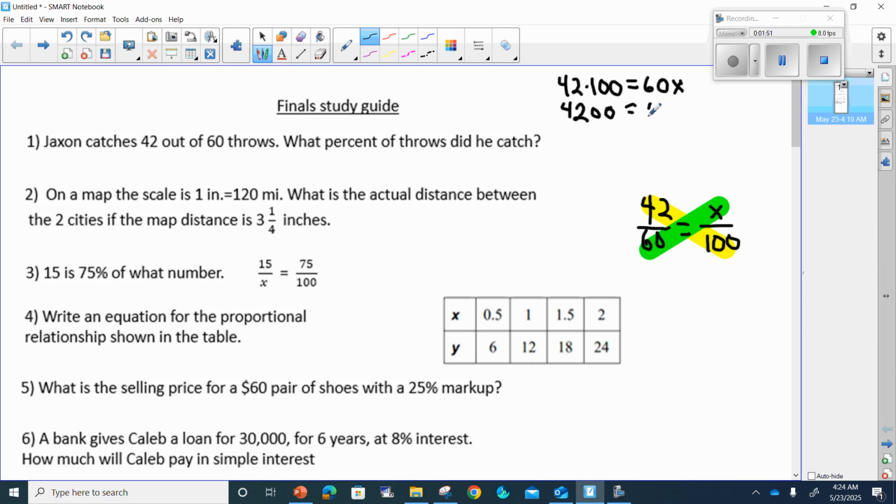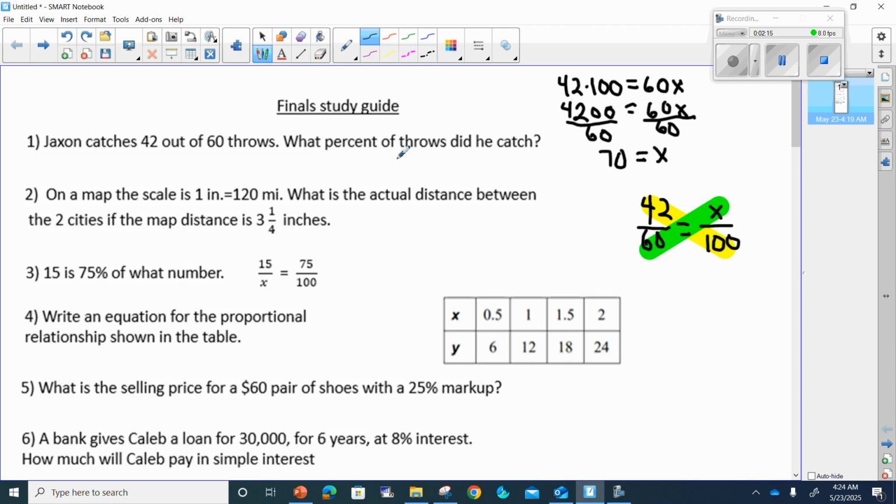4,200 equals 60x. And then we divide by 60 to separate 60 from x. 60 divided by 60 is 1, so that leaves us 1x. 4,200 divided by 60, that's 70.